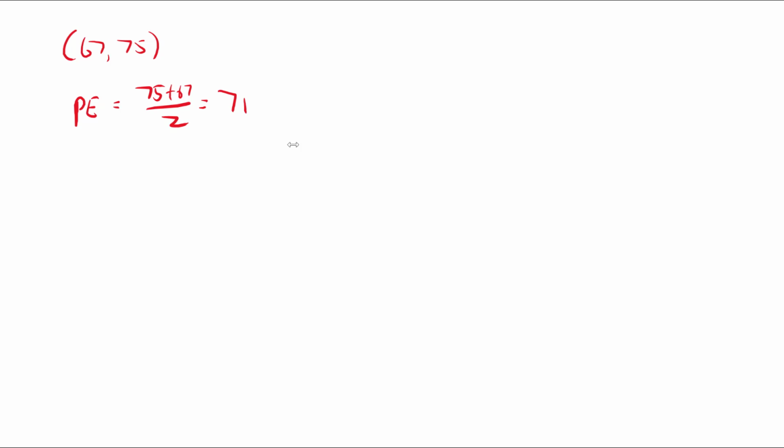And if you want to calculate the value they used for your margin of error, you can also take these two values, 75 minus 67, divided by 2. What do we get when we do that?